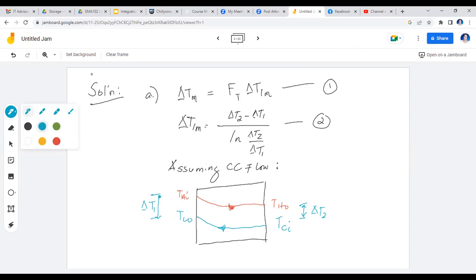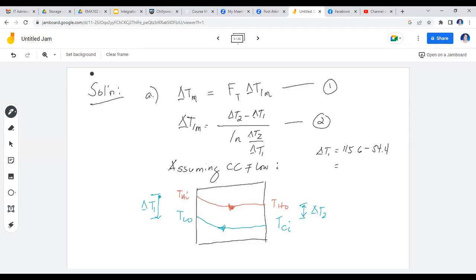Now, we determine delta T1. Your delta T1 is equal to the difference of the hot fluid temperature, so your hot fluid is entering at 115.6, and the cold fluid temperature outlet, which is 54.4. That's your delta T1.